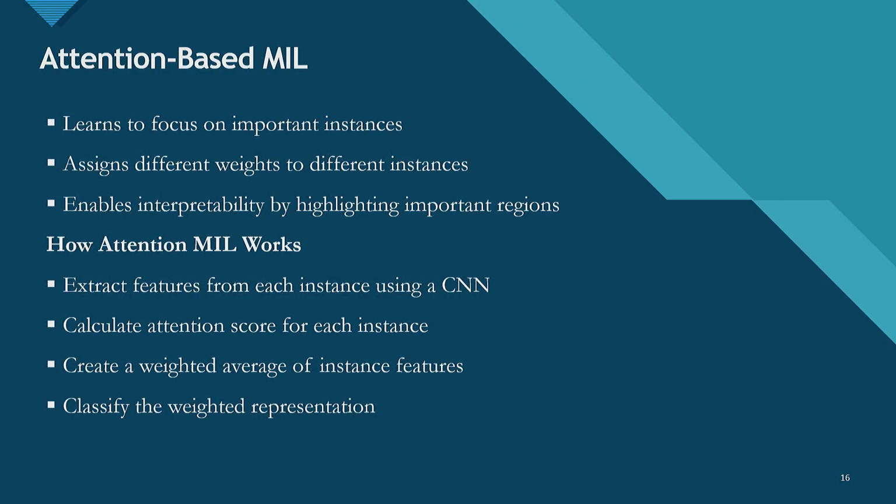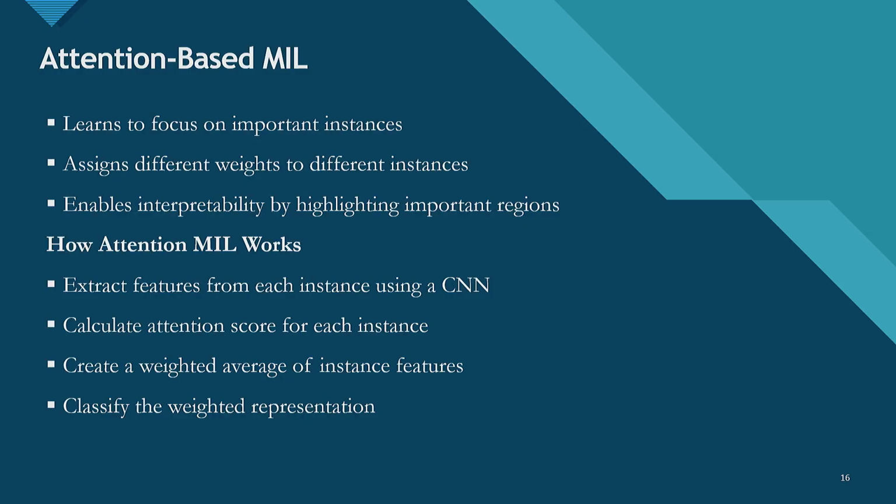So attention-based MIL learns to focus on the important instances and assigns different weights to different instances, and enables interpretability by highlighting important regions. To apply this, first of all, we make patches of the whole slide image.